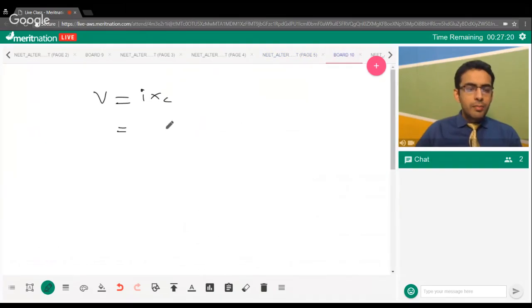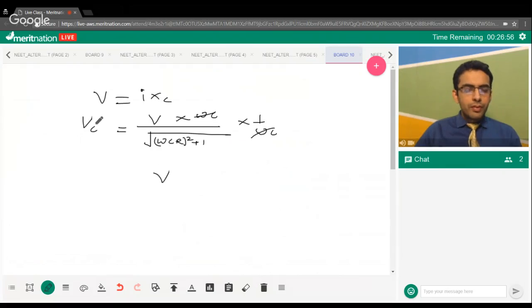So V divided by under root of (omega C R) whole square plus 1, into omega C into 1 by omega C. This is the voltage across capacitor, given by V by under root of 1 plus (omega C R) whole square.